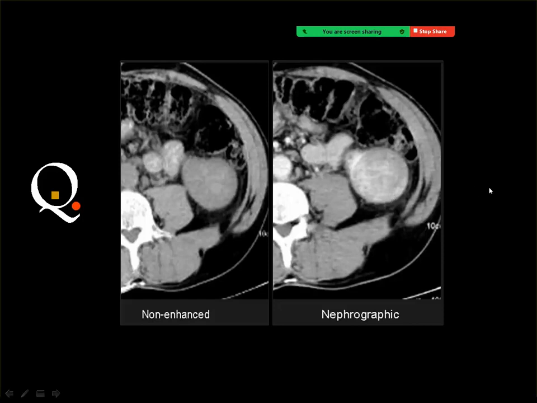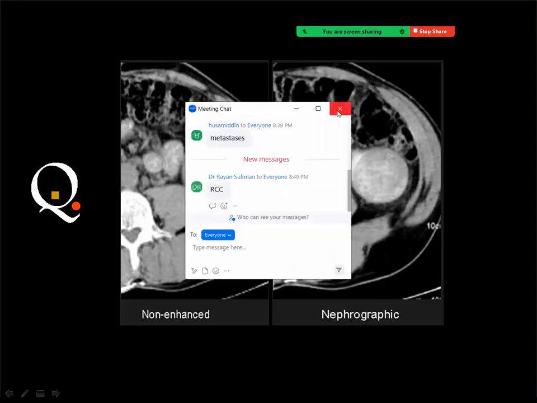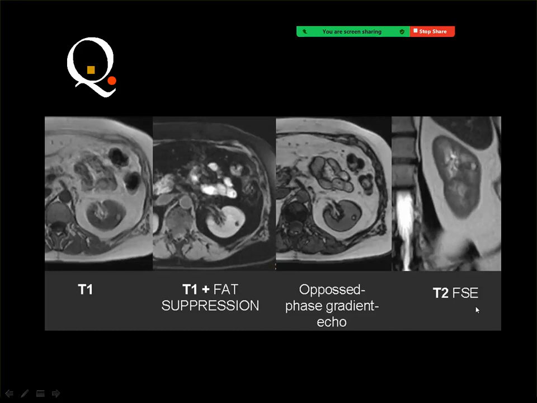And you know that any solid mass in the kidney in an adult should be considered renal cell carcinoma until proved otherwise, exactly similar to a solid mass in the lung of an adult, which should be considered bronchogenic carcinoma until proved otherwise.